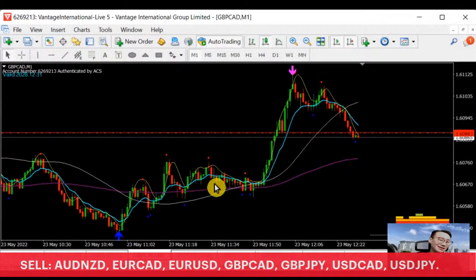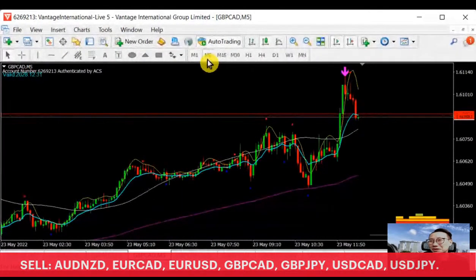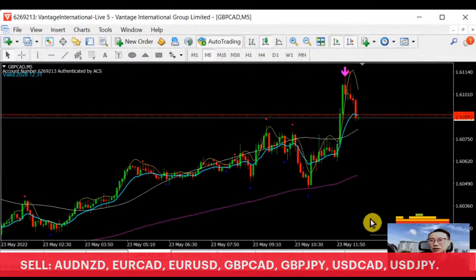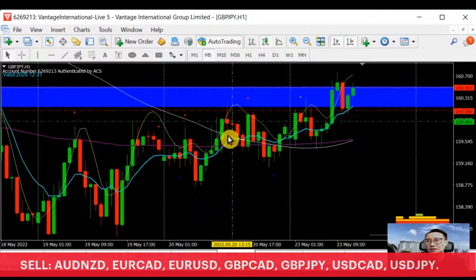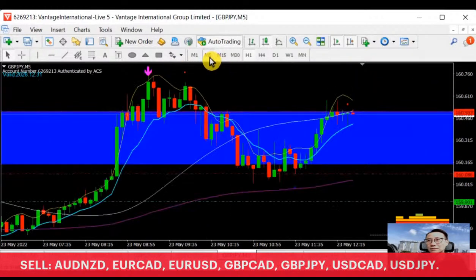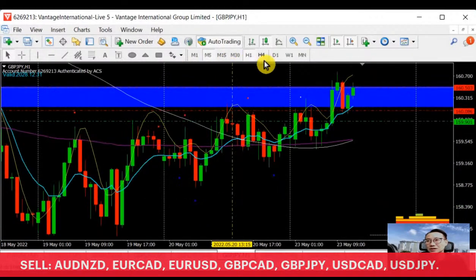Pound CAD, things fluctuate. Now pound CAD is better. I guess it's because the pound yen market is already closed. That explains it. Pound yen is now retesting the resistance once again.